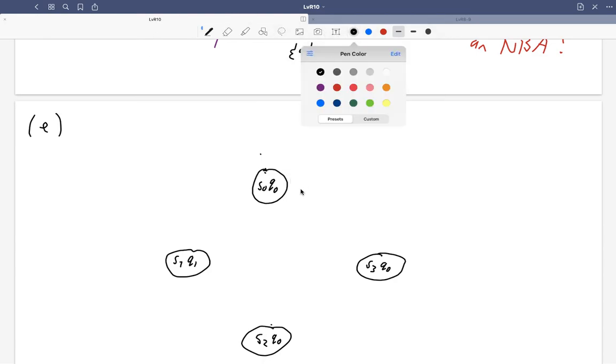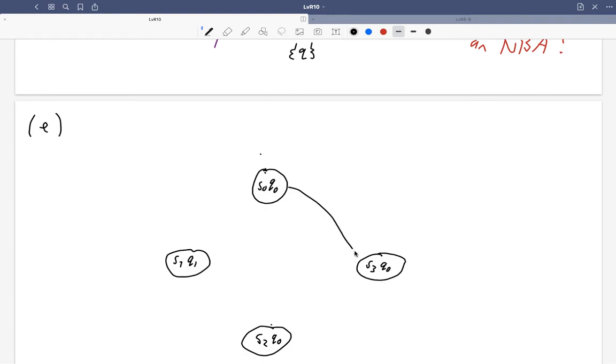The transitions were from S0 to S3, from S0 to S1, from S1 to S2, from S2 to S1, from S3 to S2, and from S0 to itself.